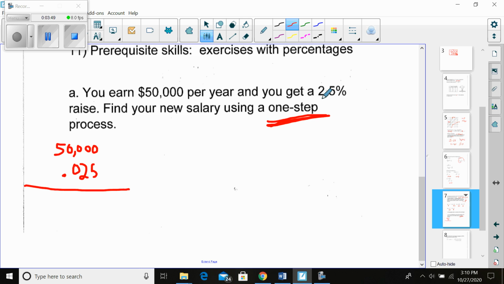Because if you get a 2.5% raise, what you really have is 100% of what you've been earning. You still get the 100%, but then you also get 2.5% more.